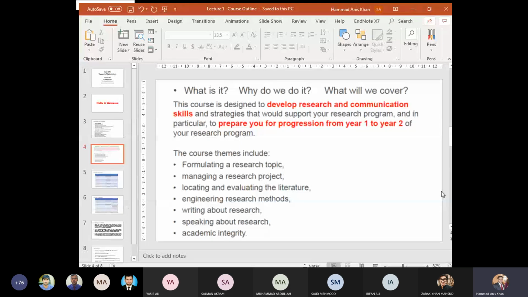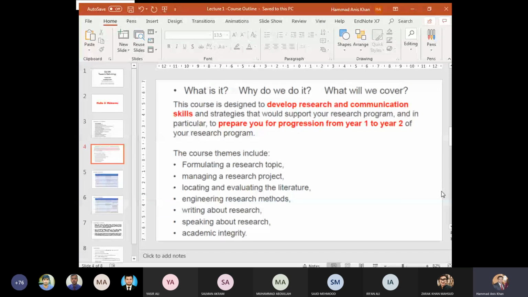The purpose of this course is to prepare you, first-year master's students, to enter the second year of your master's program. This is a learning place in which you will make yourself ready to enter the second year of your master's degree, which has a very important component, that is your research.